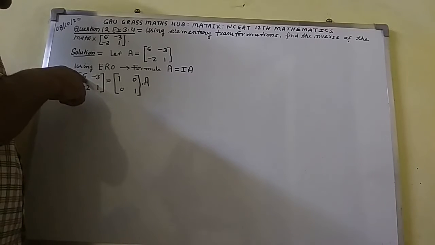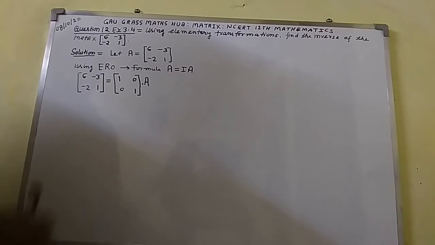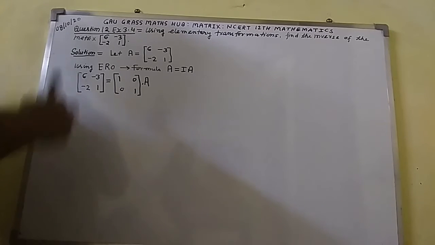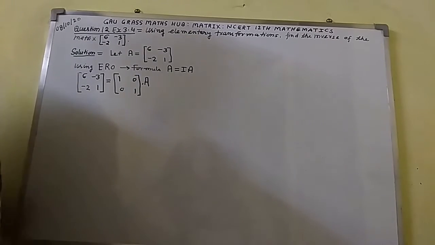Here you can see 6 is there, so this 6 will be converted into 1. For conversion of 6 into 1, we shall apply row property.